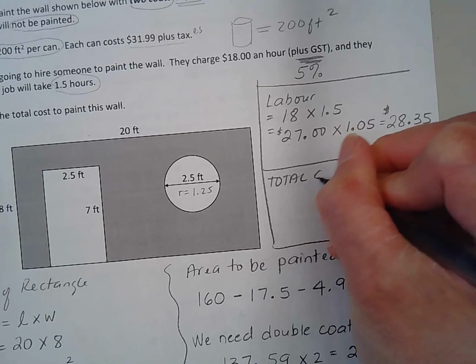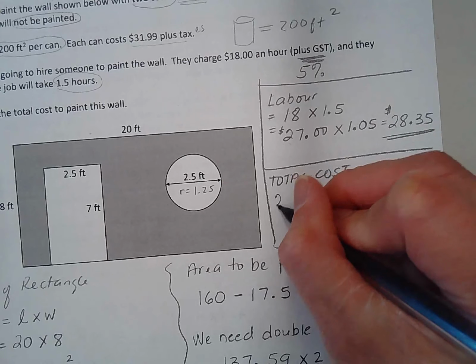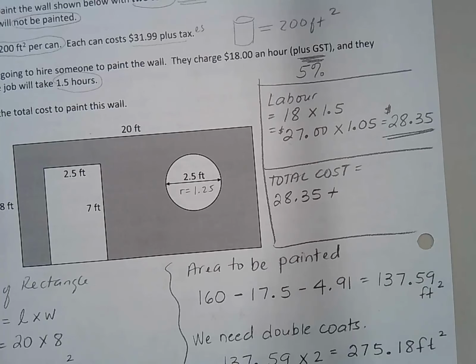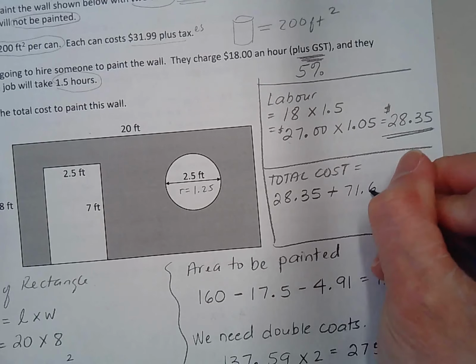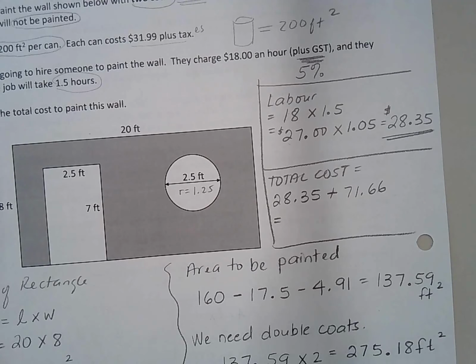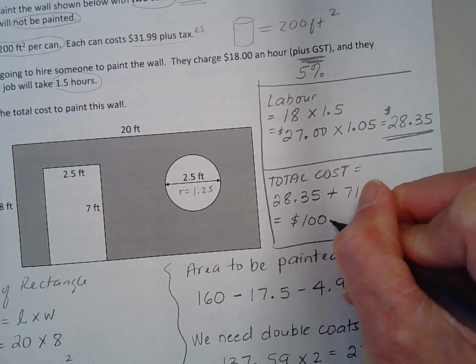Total cost. Exactly. So labor is $28.35 and the paint is $71.66. Oh, it's going to cost us $100 and a penny.